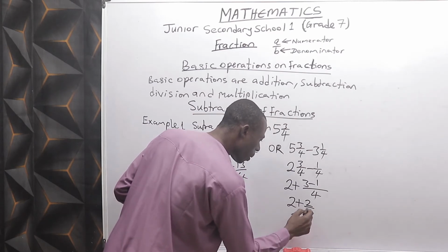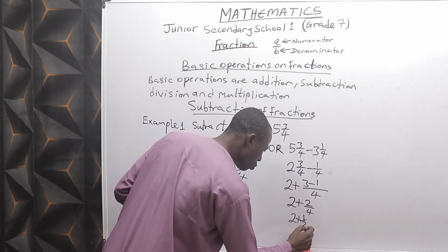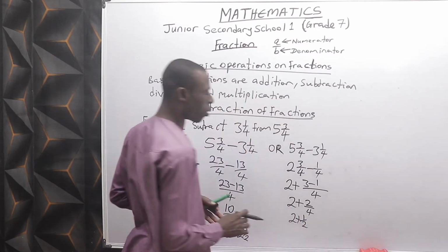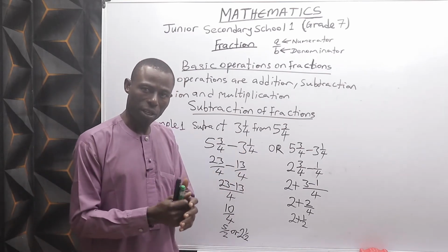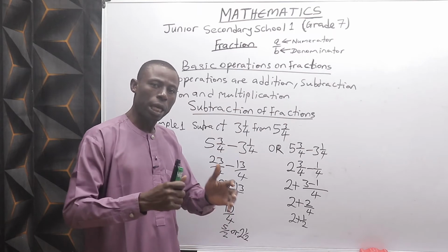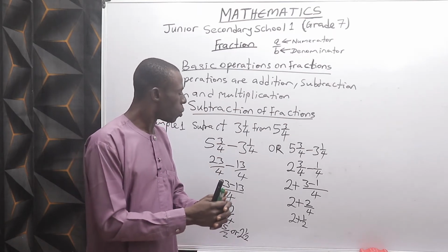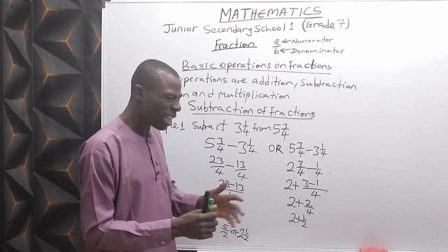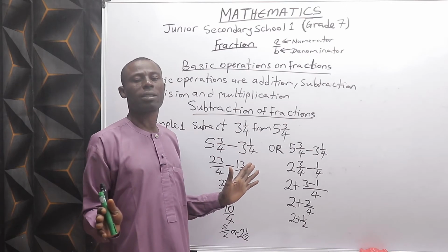2 plus 2 in 2, 1. 2 in 4, that's 2. Now, take note of this. Anytime you have to add proper fraction and a whole number together, it is as good as bringing them close to each other, and that settles it.